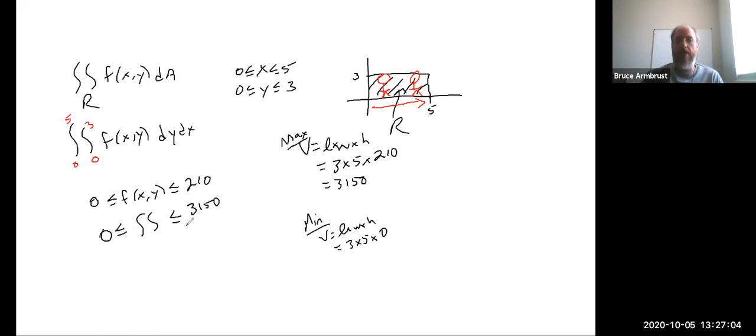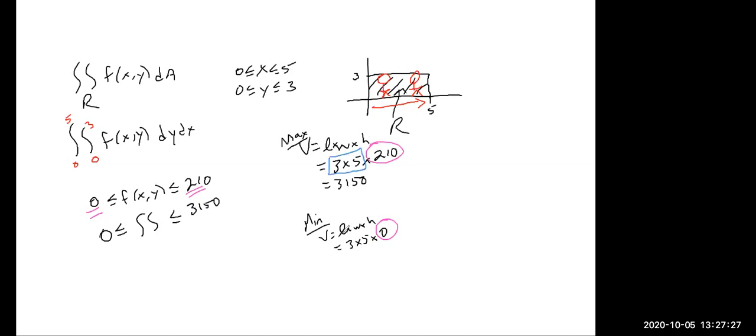So in essence, look at how I set this thing up. I've got the 210 and the 0. Those came from the bounds on my function. And then where did the 3 and the 5 come from? Bounds.